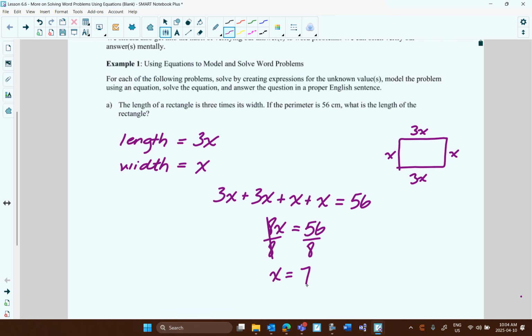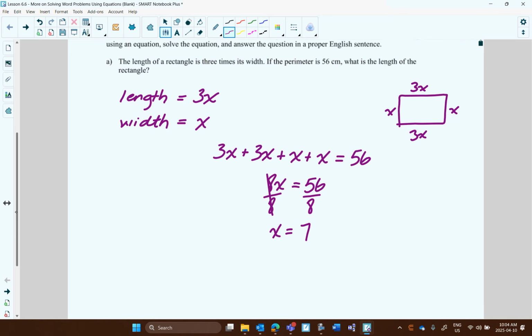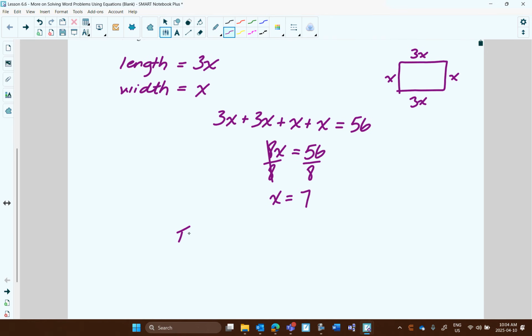What does that 7 represent? The width. We are asked the length. So how would you calculate the length? The length is the width 7 times 3, which is 21.